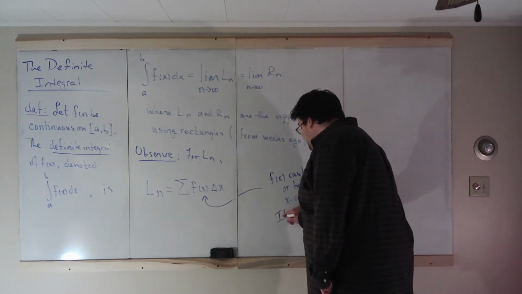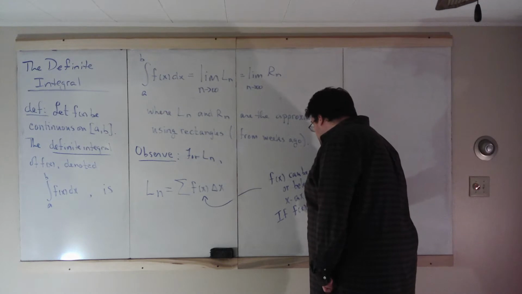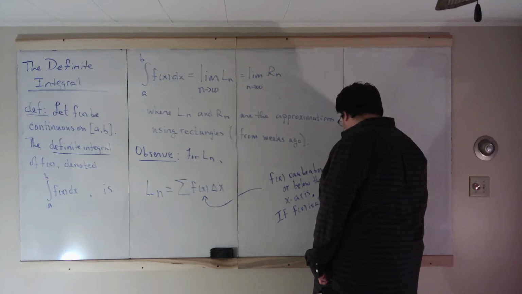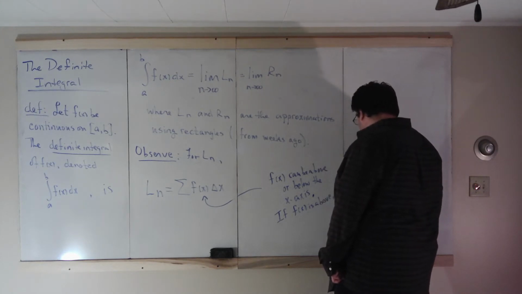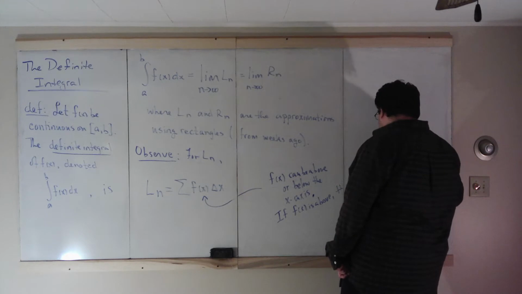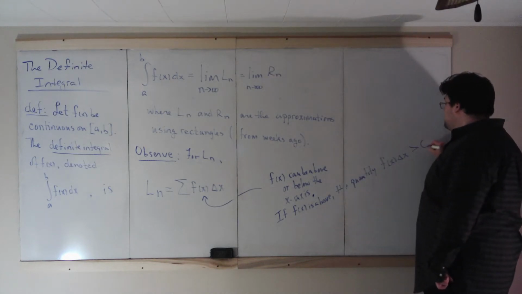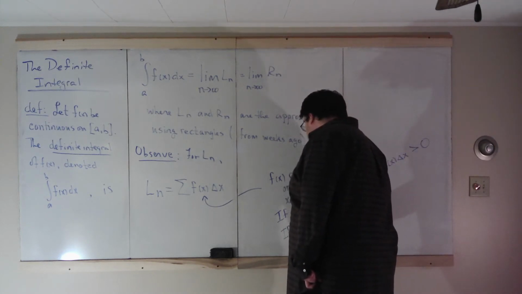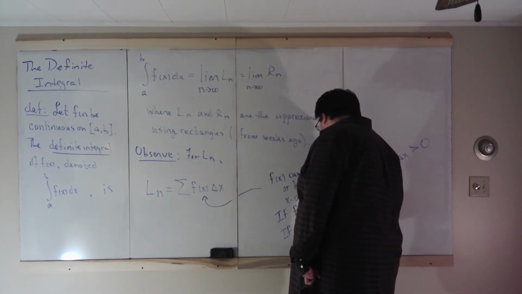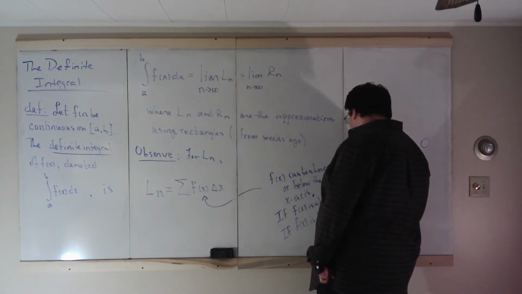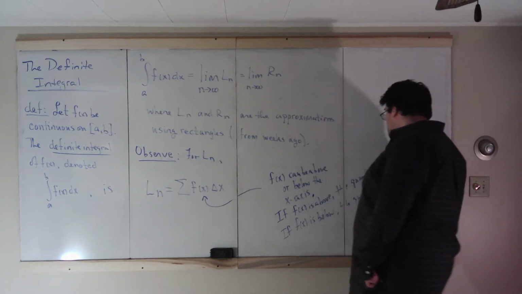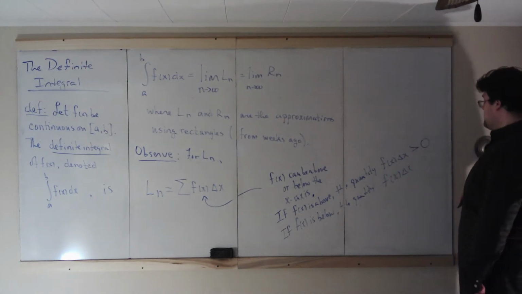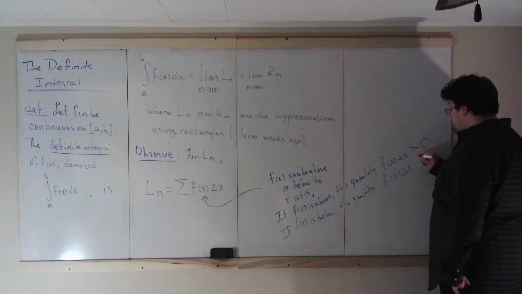And if f of x is below the x-axis, the quantity f of x delta x, well, delta x is always going to be positive, but f of x is going to be negative.